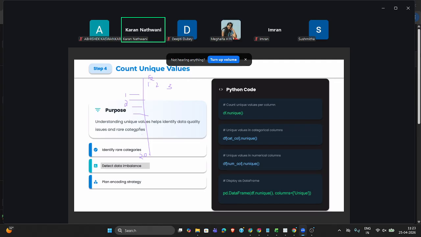First thing, very good: you will remove the duplicates to have unique values, correct? Unique ones you will keep. After removing the duplicates, let's say you got only 5 unique values.